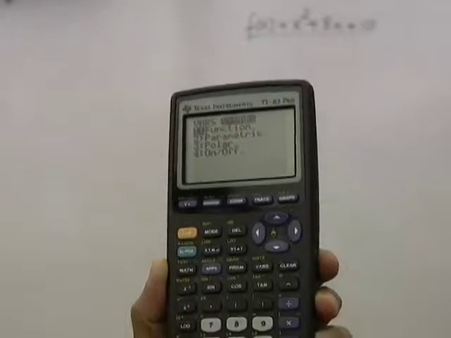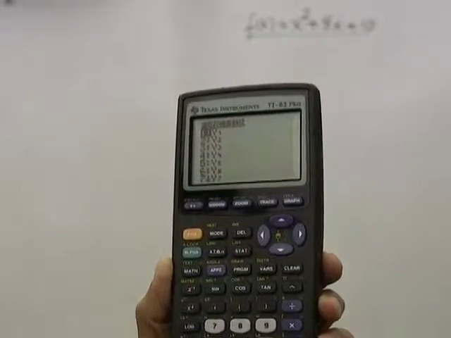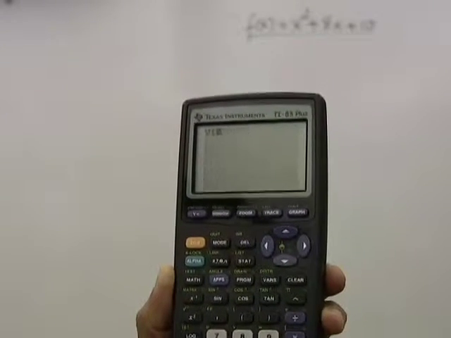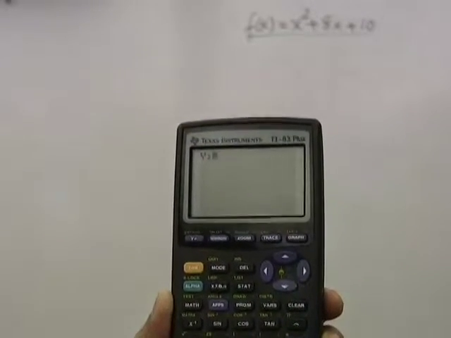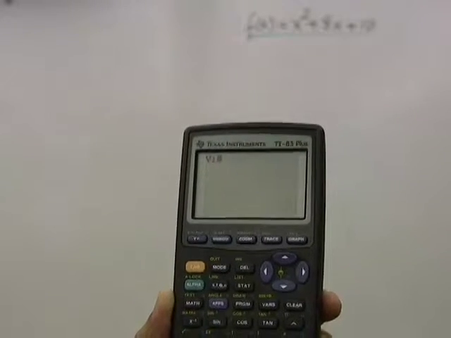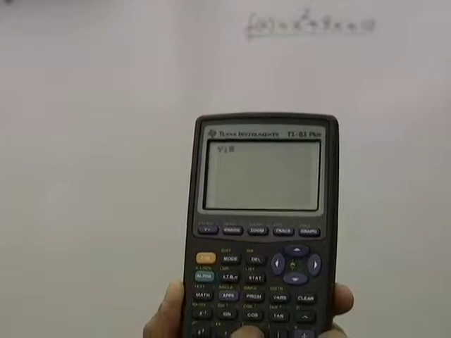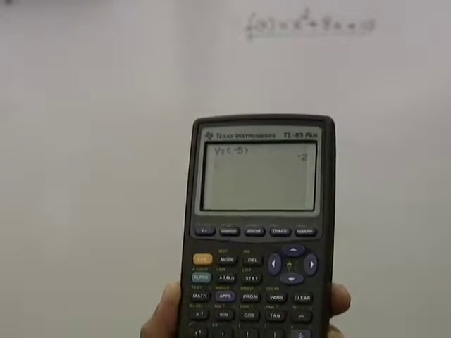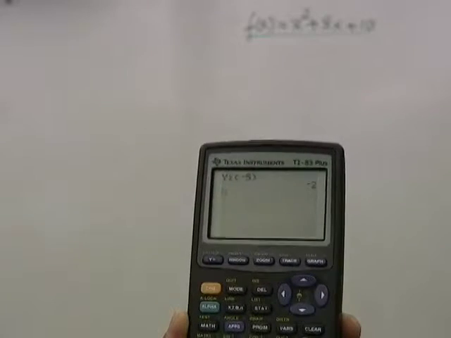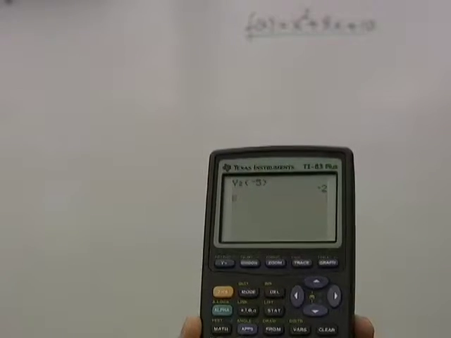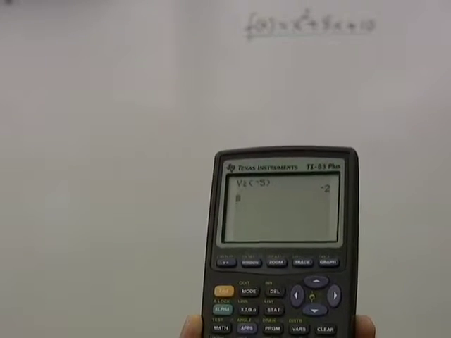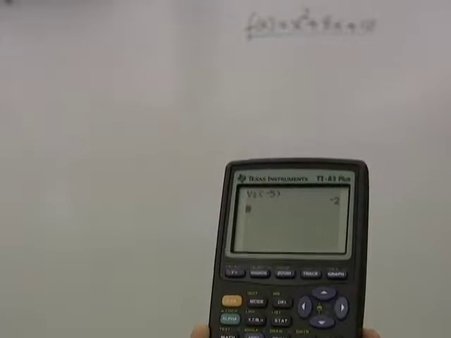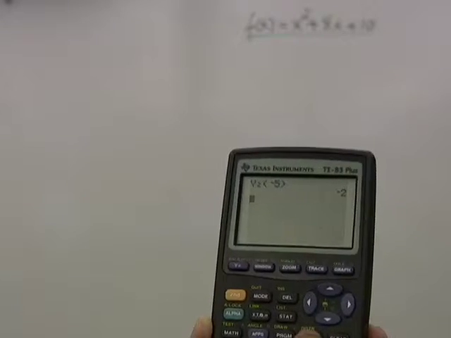We need the function variable, so enter and choose y2. We want the value of the derivative at x equal to -5, so put a parenthesis, enter -5 and enter. It gives you the value of the first derivative at x equal to -5 is -2, telling you that the derivative is negative.